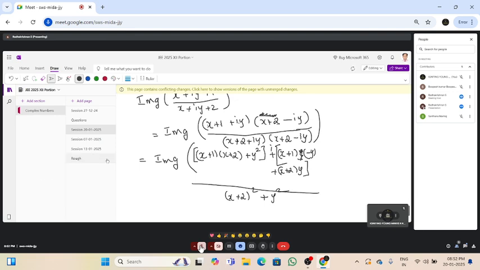Okay. Now you see this part is the real part, and this part is the imaginary part. So you can write only the imaginary part now.